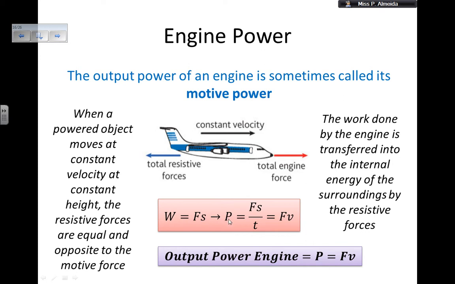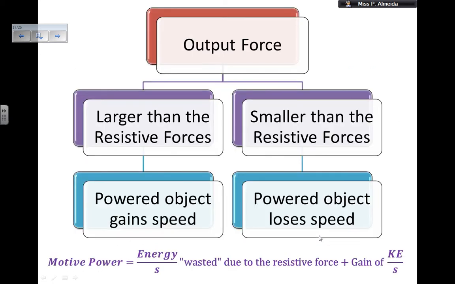Therefore, power equals the work, Fs, divided by t, the time. Now, s, the displacement or the distance moved, over t, the time, is equal to v, velocity. So power is going to be equal to F times v. So the output power of the engine, P, is going to be F, the force, times v, the velocity, okay?